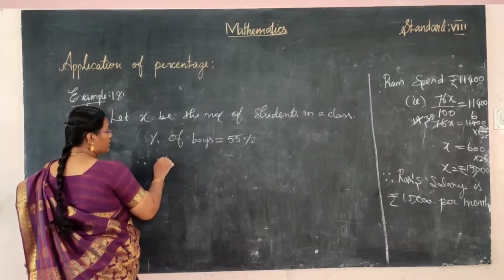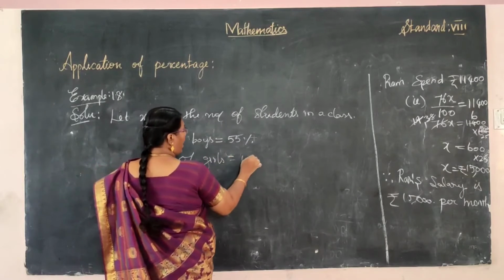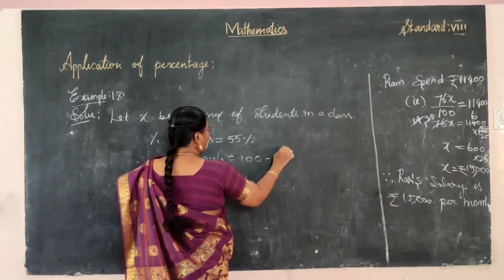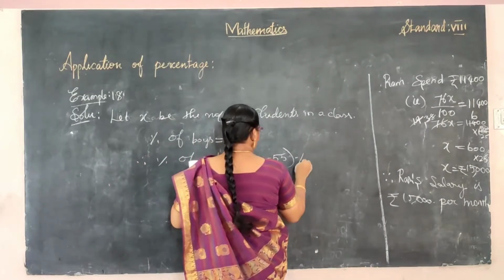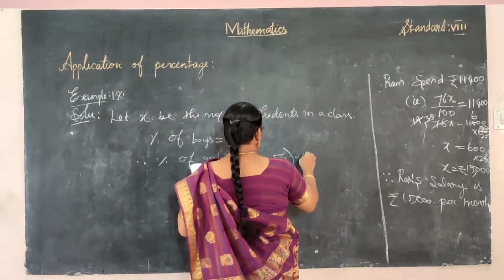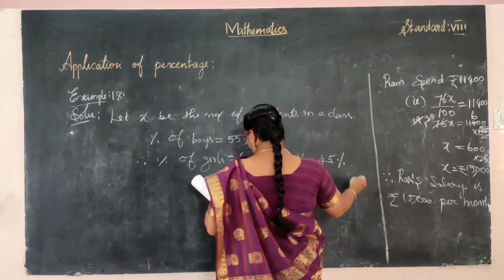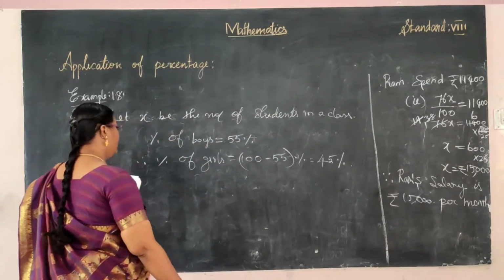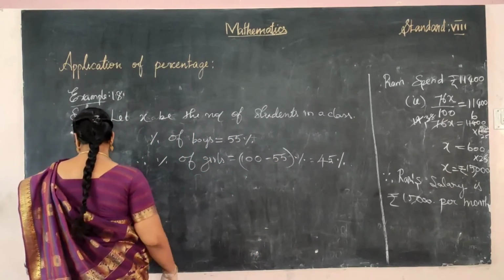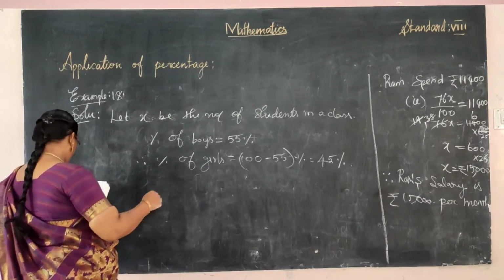Therefore percentage of girls, what do we do? 100 minus 55 is equal to 45 percent. Now we know the number of girls, so equate those values.